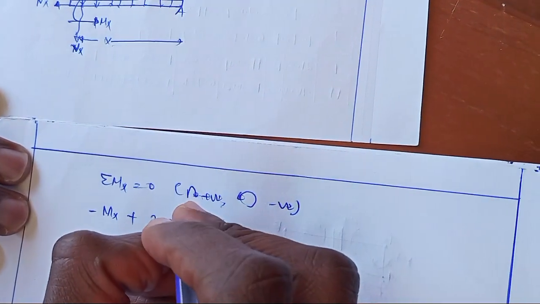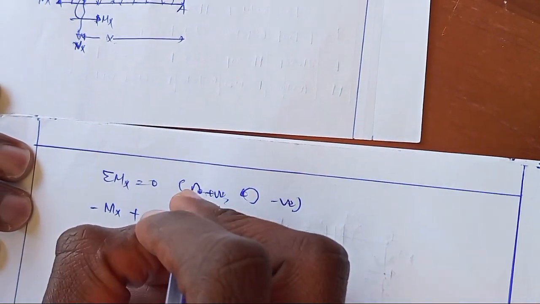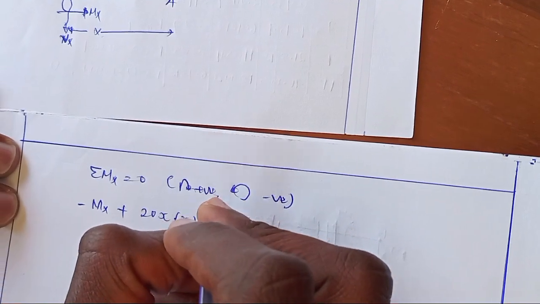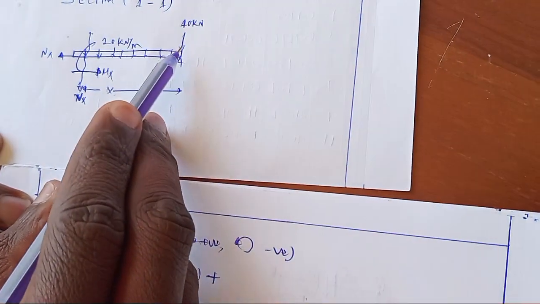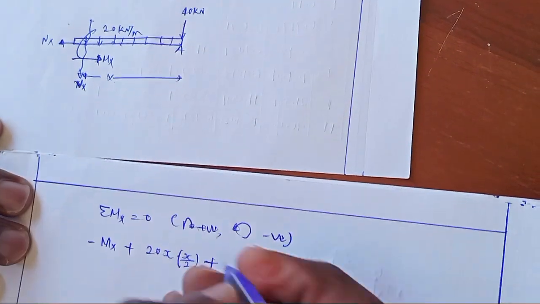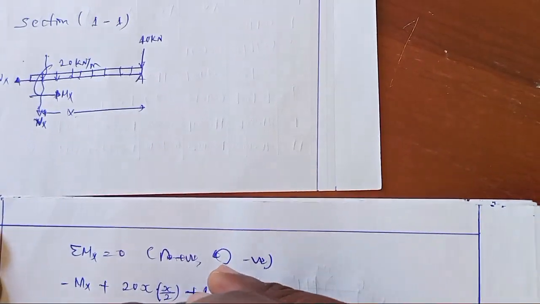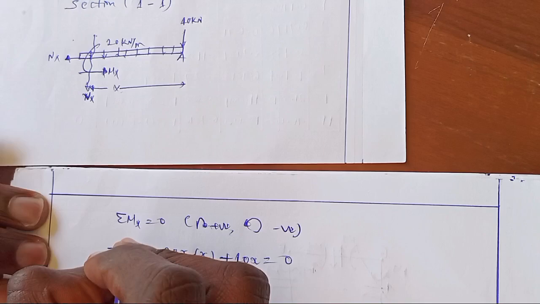So it will be x over 2. Plus, this will be clockwise direction, that's why we write positive, 10 times the perpendicular distance x, it will be 10x, is equal to 0.